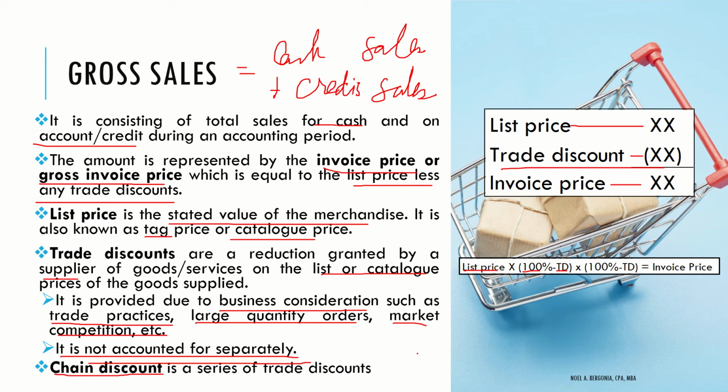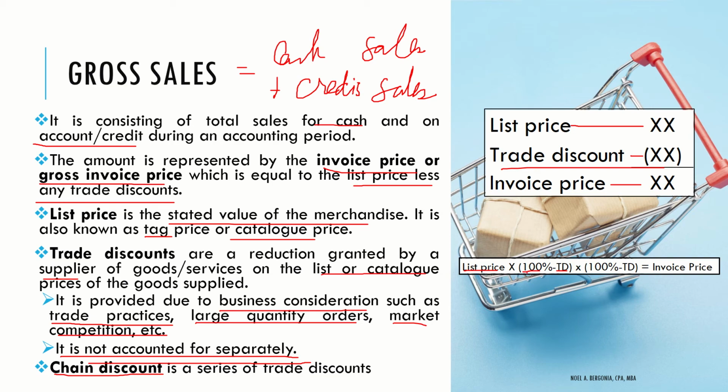Pero at the end of the day, do not add them up. Sa normal accounting natin, do not add them up, yung sinabi ko kaninang 2%, 3%, and 5%. Wag niyo pong i-add, baka gawin yung 10%. What you will do is per trade discount given, you will deduct it from the 100%, and that difference should be multiplied on the list price.